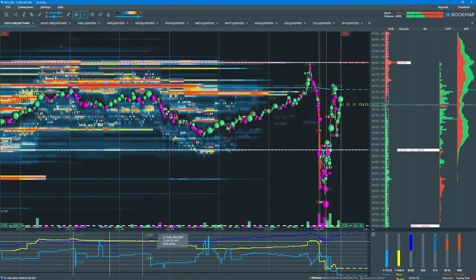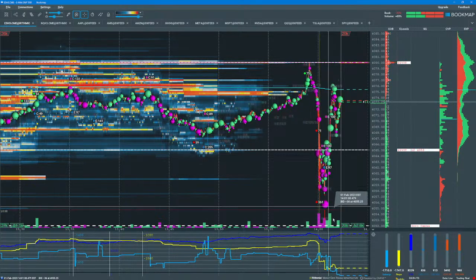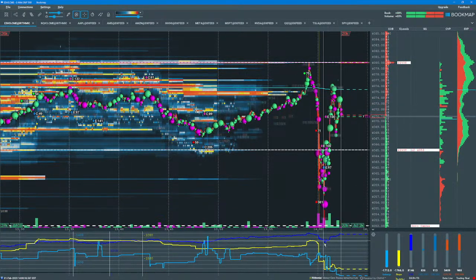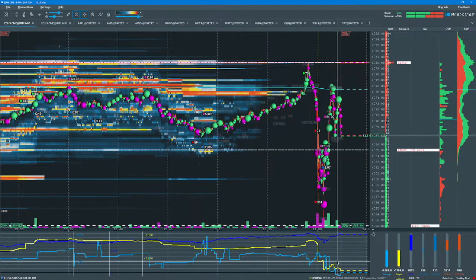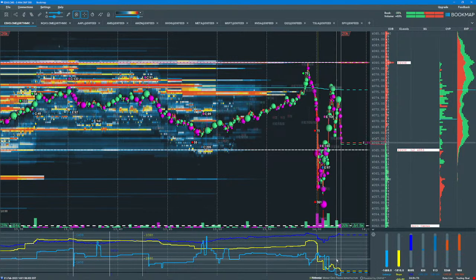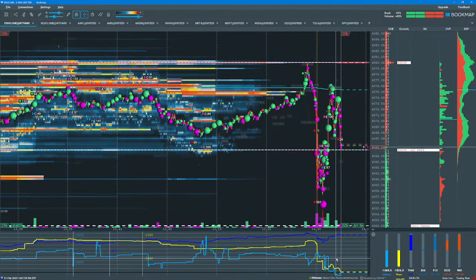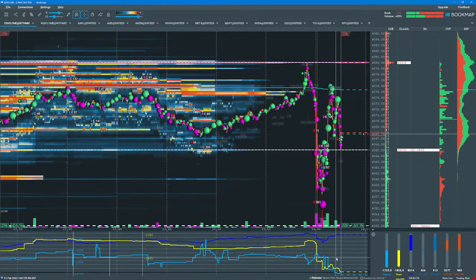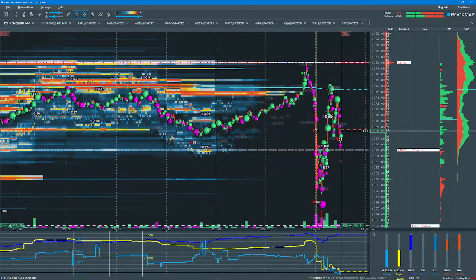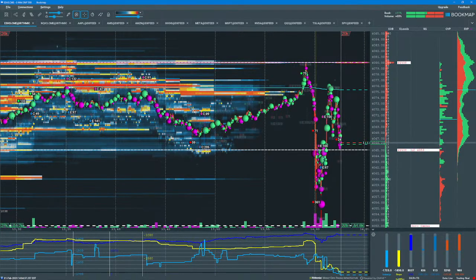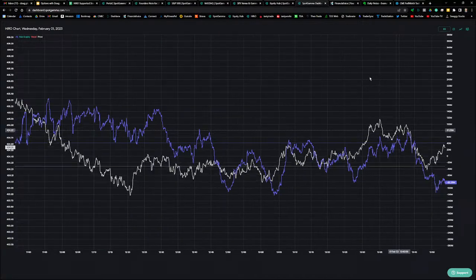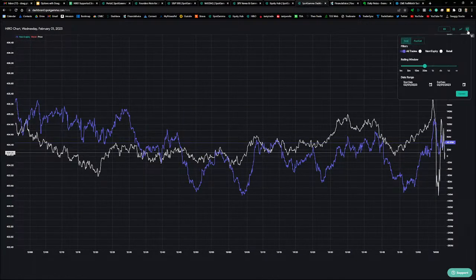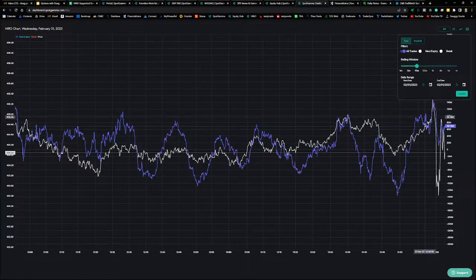So I see the yellow line dropping, sell stops, and then the light blue dropping indicates that there are some large iceberg orders selling this. Large traders with iceberg orders selling this. Let's see what options traders are doing. I'm going to zoom in here and let's go back to a 10-minute look back period.